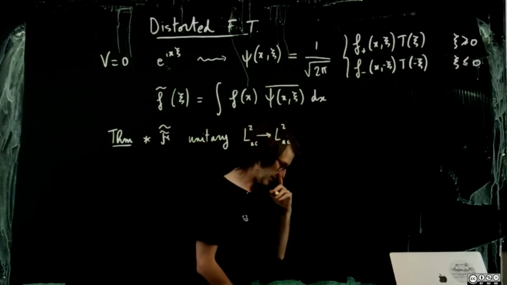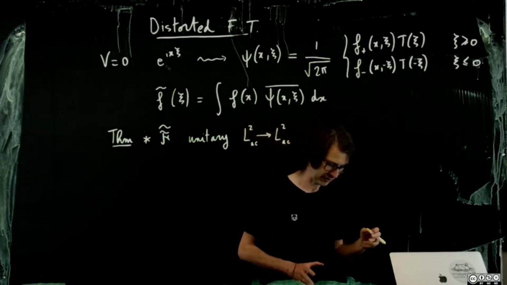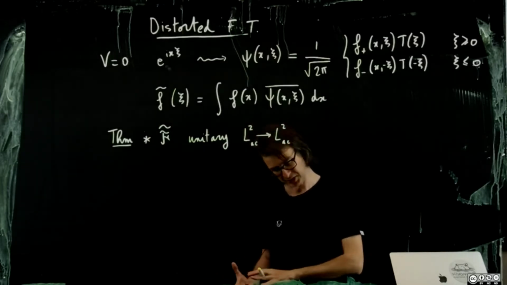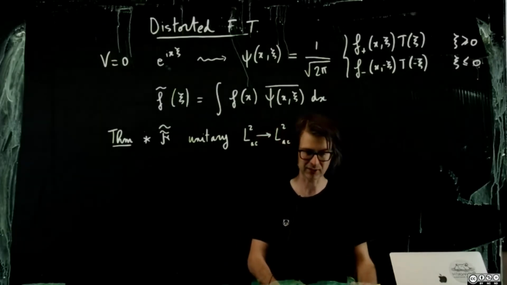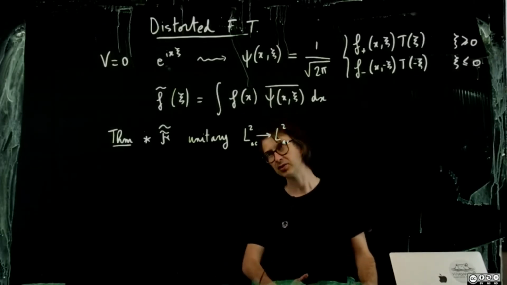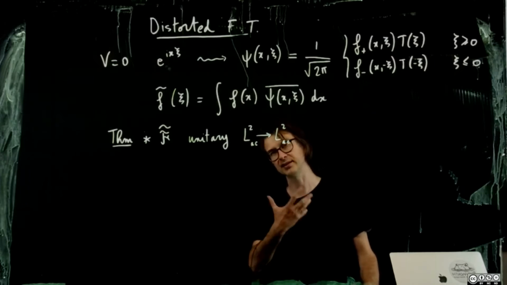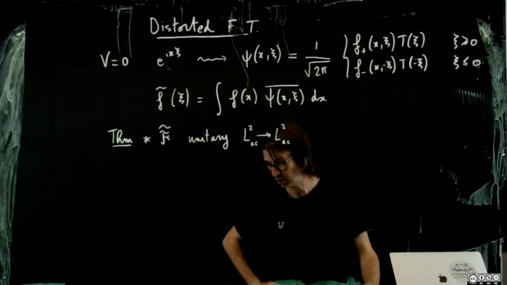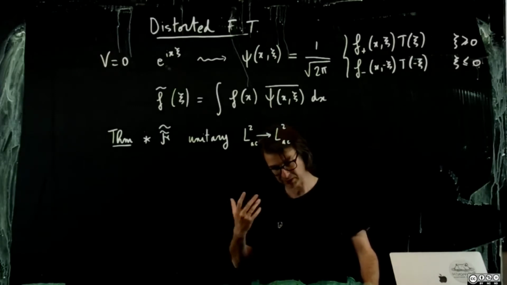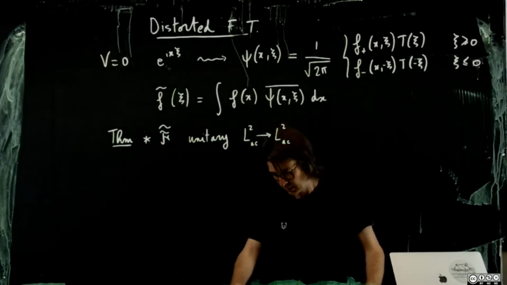And that's just because f tilde, if you want, is the change of basis that diagonalizes the operator, and since the operator is self-adjoint, the change of basis is unitary. Or to put it differently, it's because of the projectors that come up in the spectral theorem formulation.